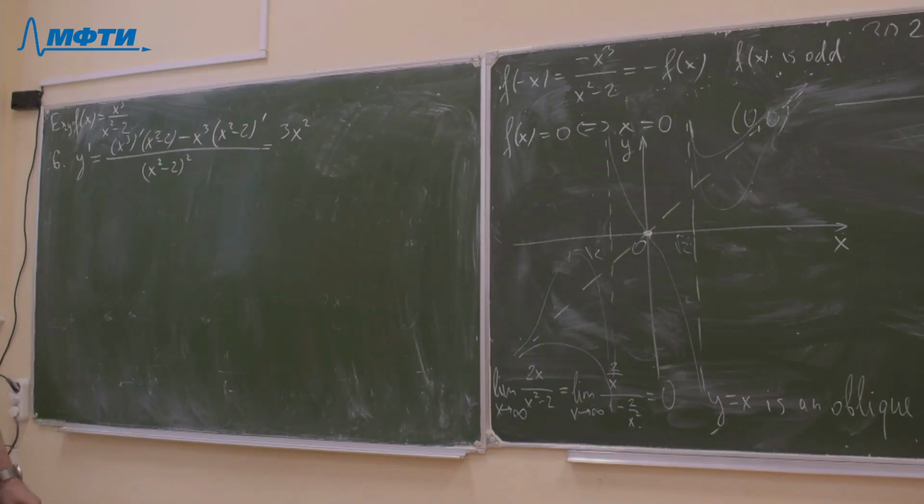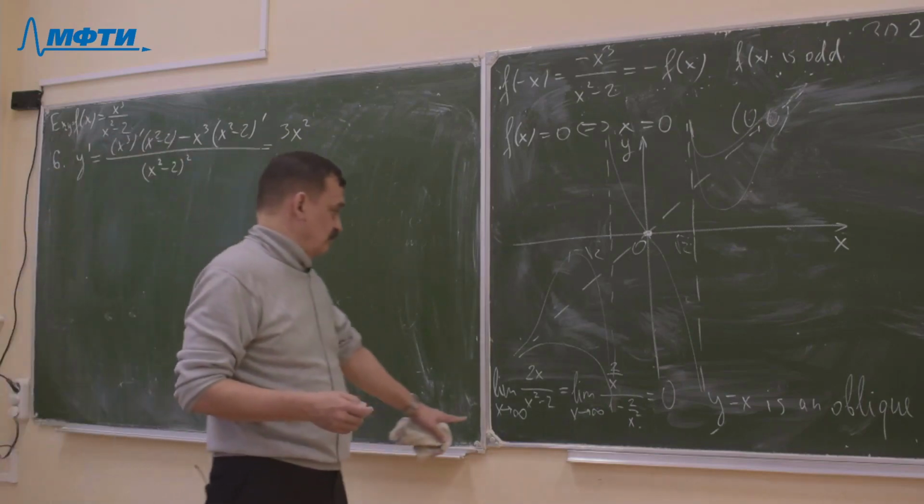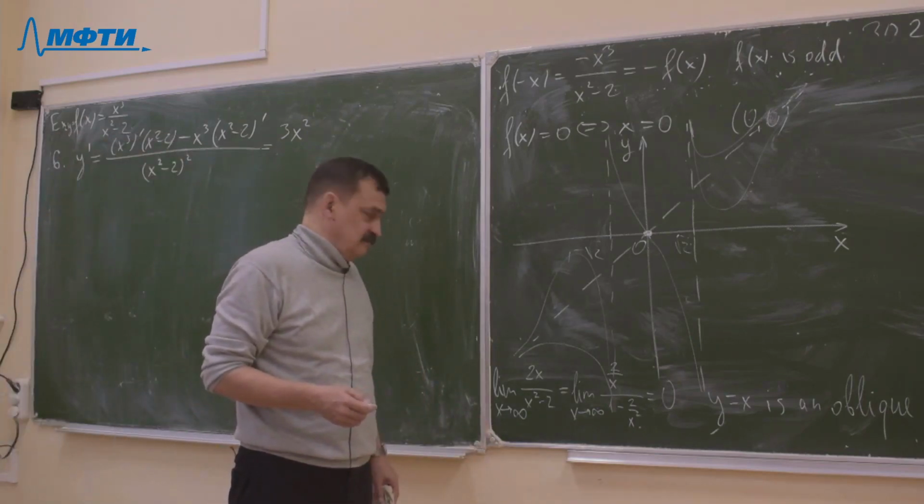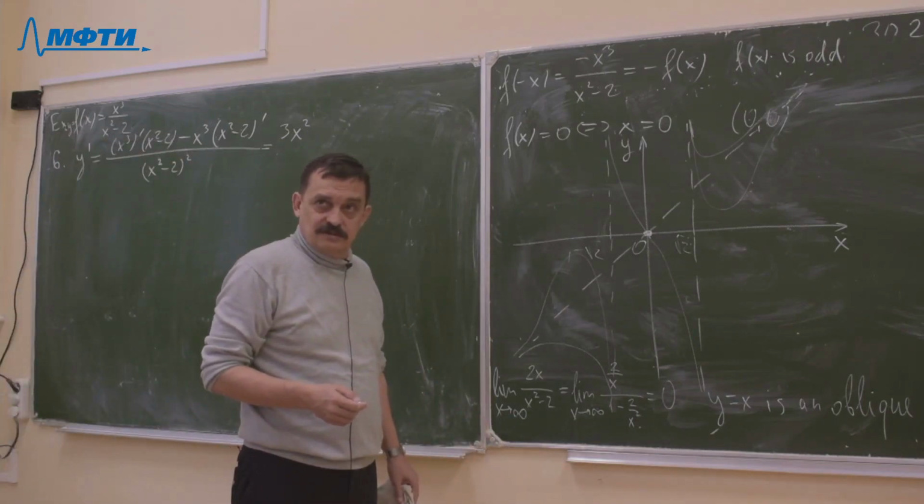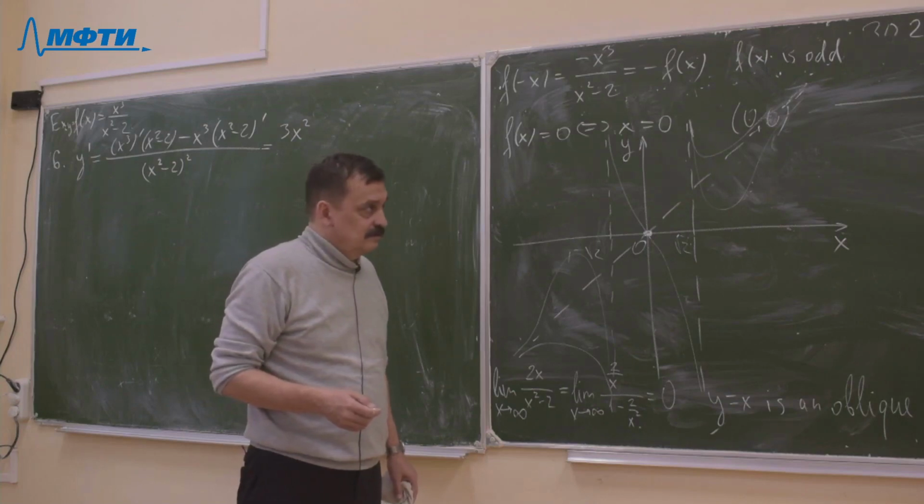Do I need to explain once again? It seems I need to explain once again the computation for the oblique asymptote. Do I really need to? Okay.